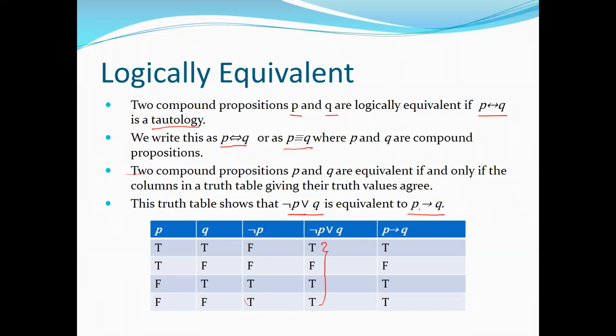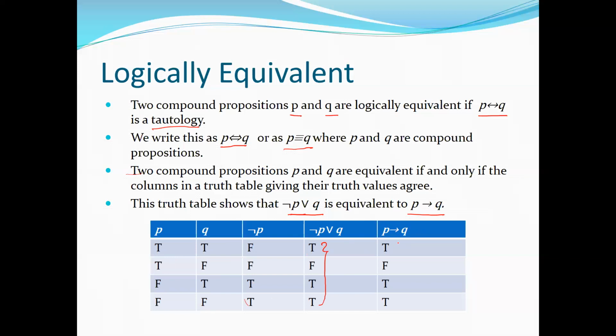Now let's find P implies Q. If you remember the truth table of P implies Q, it is only false when P is true and Q is false. Otherwise, it is true. So true true results true. True false is false. False true is true.